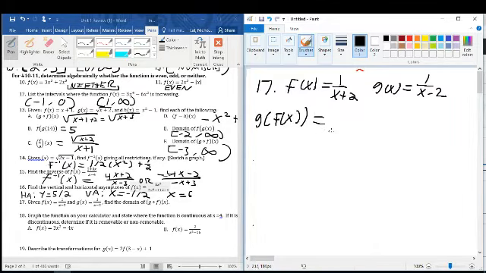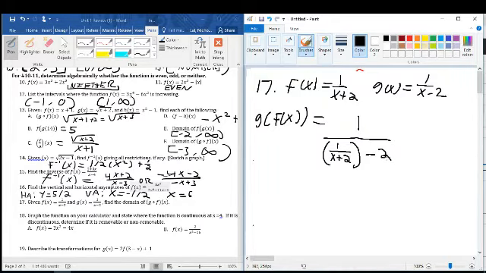That's going to be equal to, you plug f of x into g of x, so g of x is 1 over, and then f of x is 1 over x plus 2, so it'll be 1 over x plus 2 minus 2.